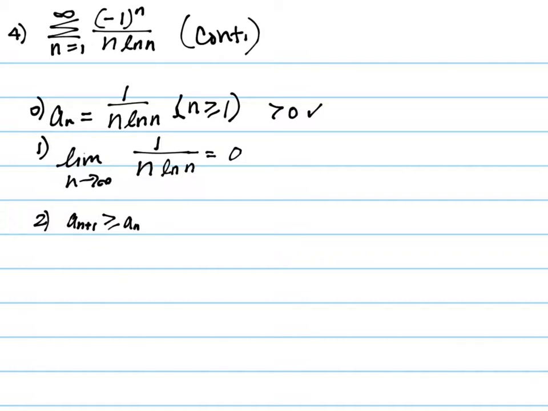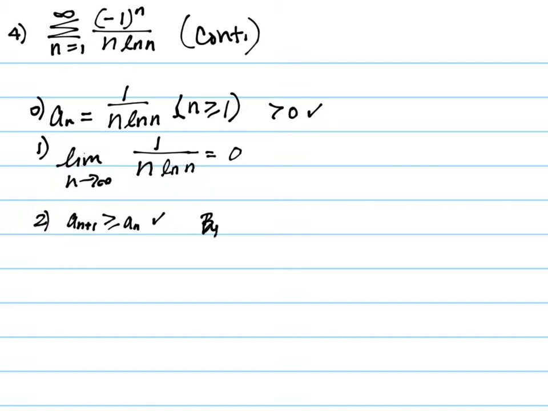So what happens when we have these values, 1 over n times the natural log of n? Will it get increasingly smaller every time? Yeah, it works. So this one also checks out. So all three of these things are checking out.